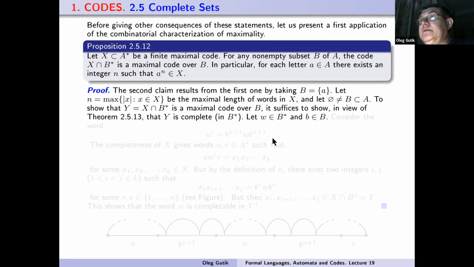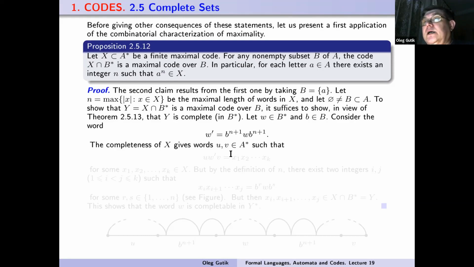Let w be a word in the free monoid B star, and b a letter from the alphabet B. Consider the word w prime, which is equal to b to the power n plus 1, w, b to the power n plus 1.